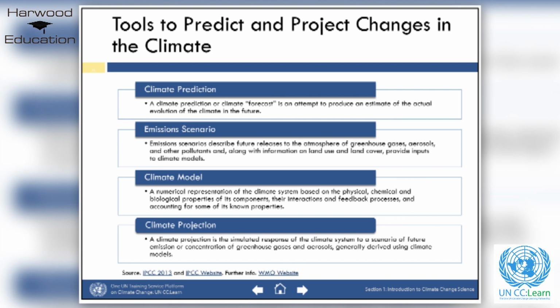The outputs of a climate model feed into a climate projection, i.e., a simulated response of the climate system to a certain emission scenario. This dependence on emission scenarios differentiates climate projections from climate predictions, which are based on conditions that are known at present, and assumptions about the physical processes that will determine future changes.